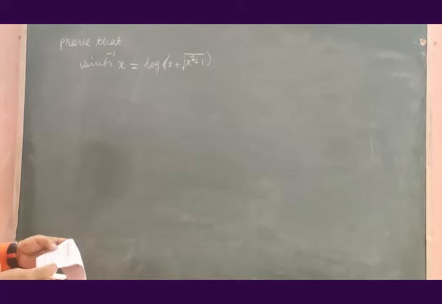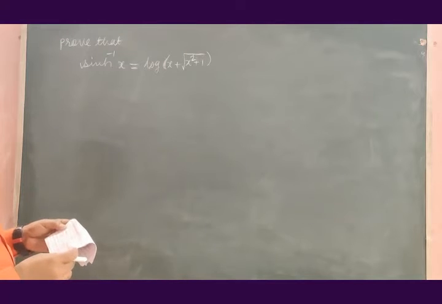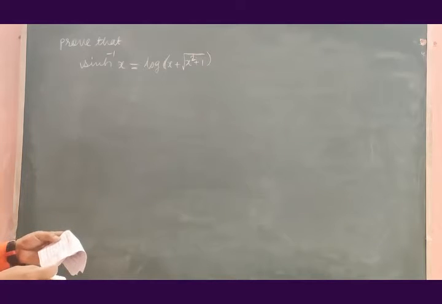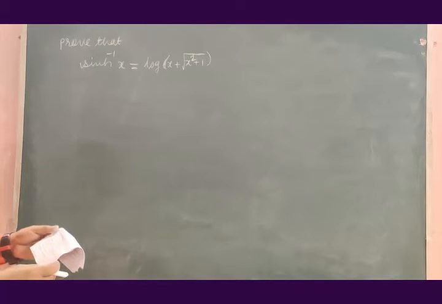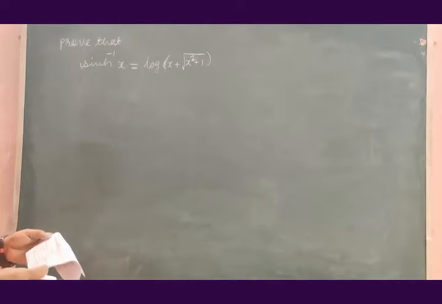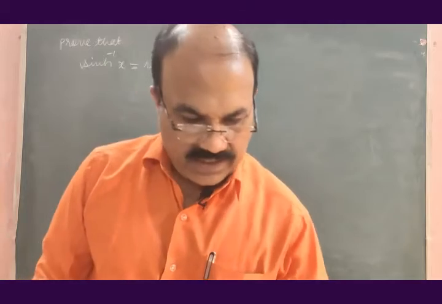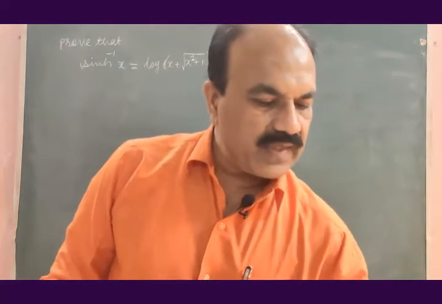The problem is, prove that inverse sine hyperbolic x is equal to log of x plus square root of x square plus 1. Let us see how to work out this problem.